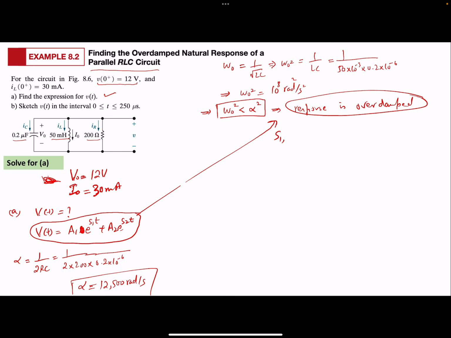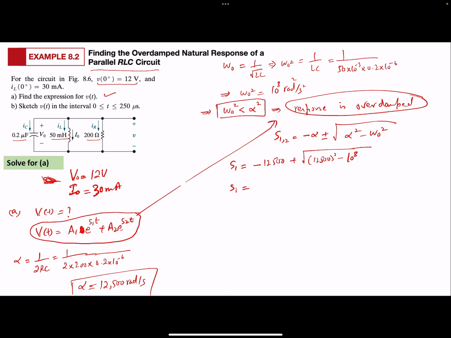S1 and S2, if you remember from the equation, is minus alpha plus or minus the square root of alpha squared minus omega naught squared. So I'm just going to replace the values. Minus alpha is minus 12,500, plus the square root of 12,500 squared minus omega naught squared, which is 10 to the 8.